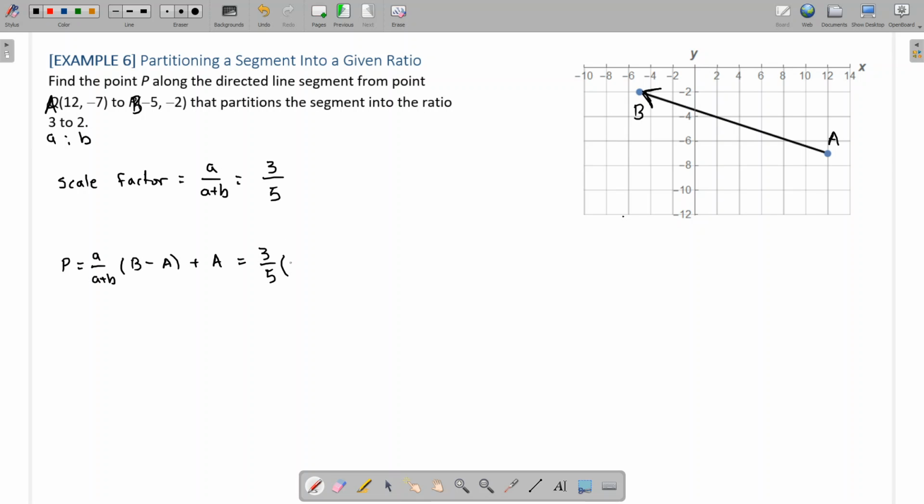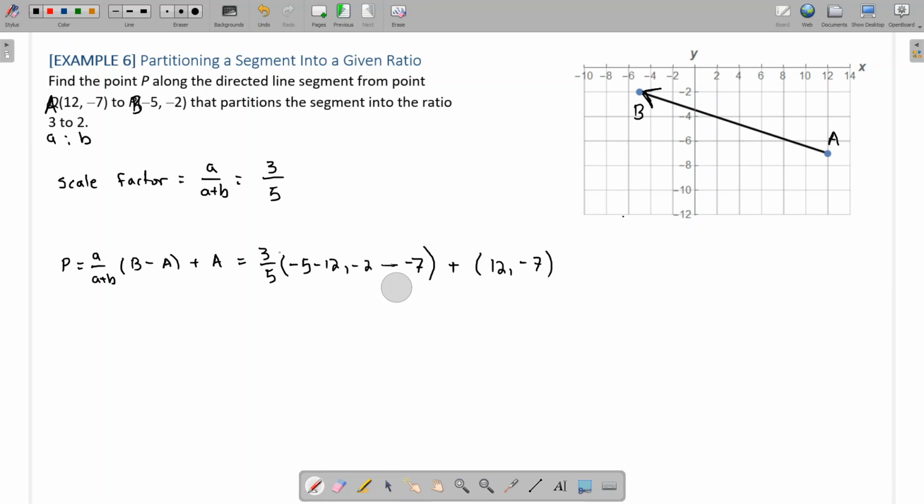So again, be careful with your order. So -5, take away 12 for the x's, this x minus that x, then -2 minus a -7. And then we'll put in the A again. So A is 12, -7.